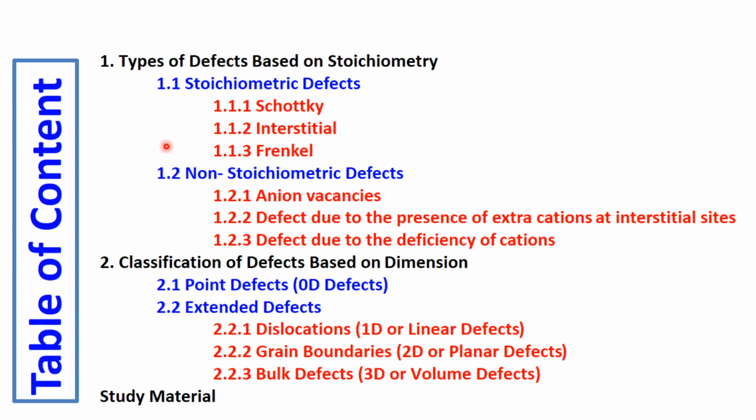Another type of defects based on stoichiometry are non-stoichiometric defects. They are mainly anion vacancies, defect due to presence of extra cations at interstitial sites, defect due to the deficiency of cations.